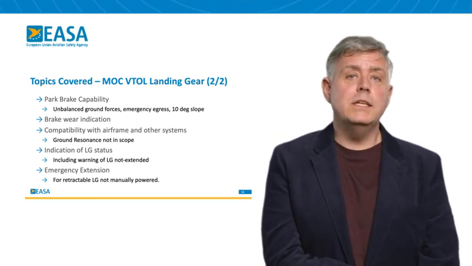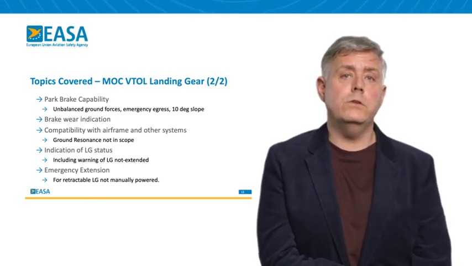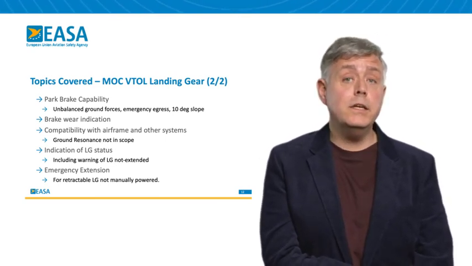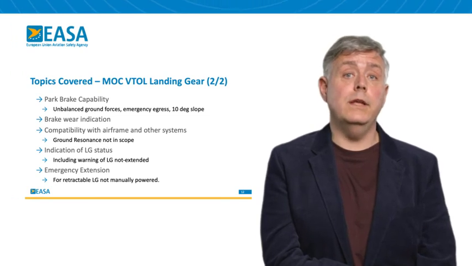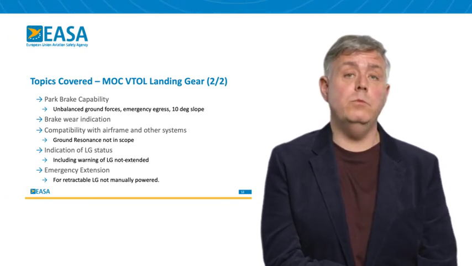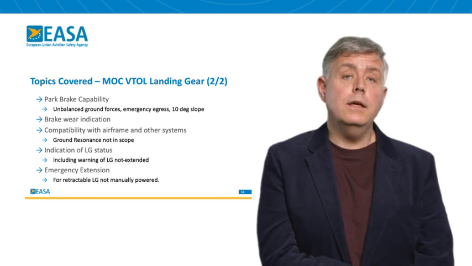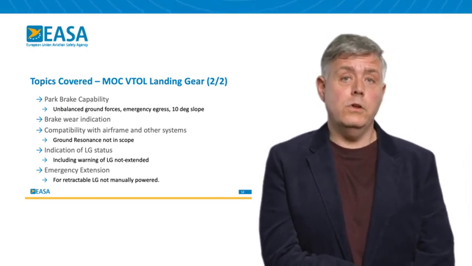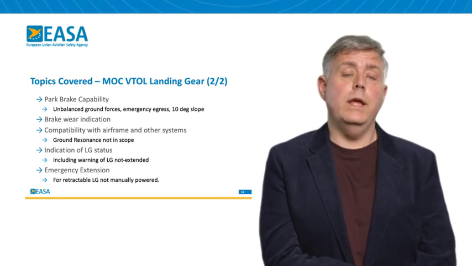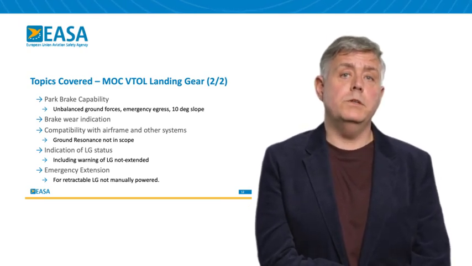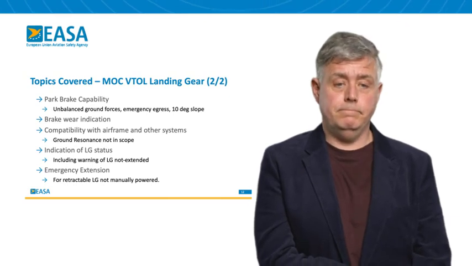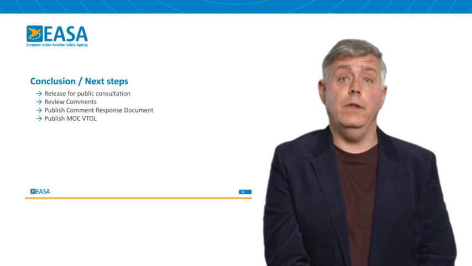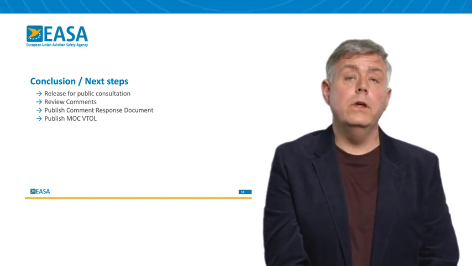We expect clear indication to the flight crew of the landing gear status, and that includes a warning if the landing gear is not extended before landing. And in the case of a retractable landing gear that is not manually powered, we expect a means of emergency extension. So that concludes what I wanted to say today about the landing gear and the doors.